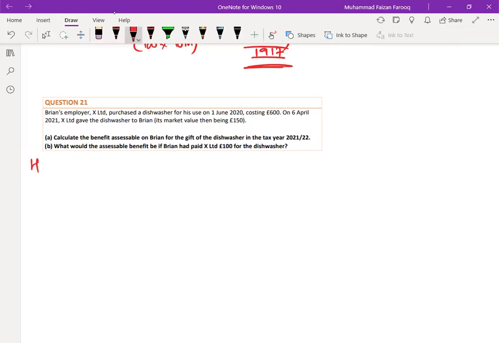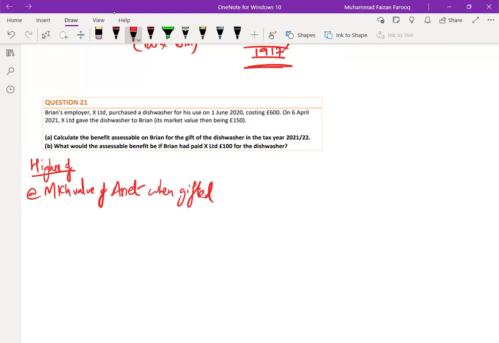So what is working number one? We are going to learn just now. Higher of. Working A is very easy, very simple, which is the market value of the gifted asset at the time of gift.